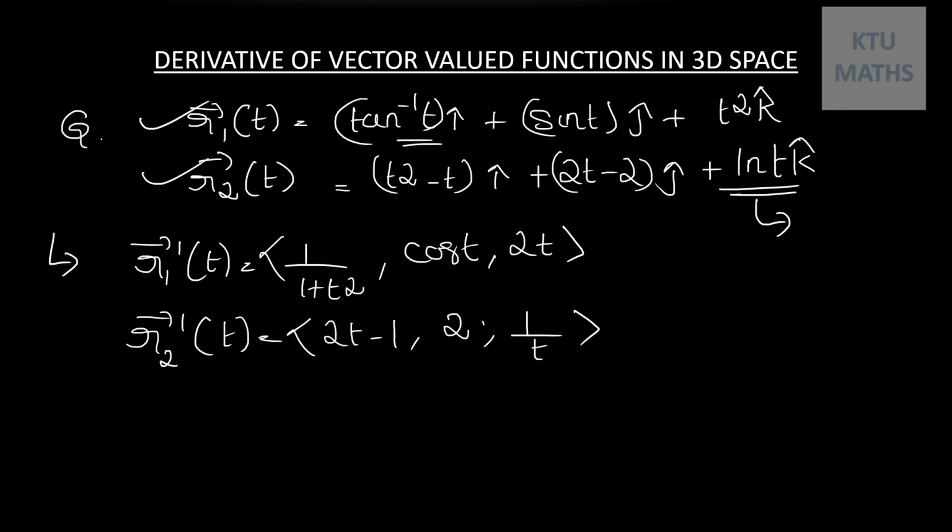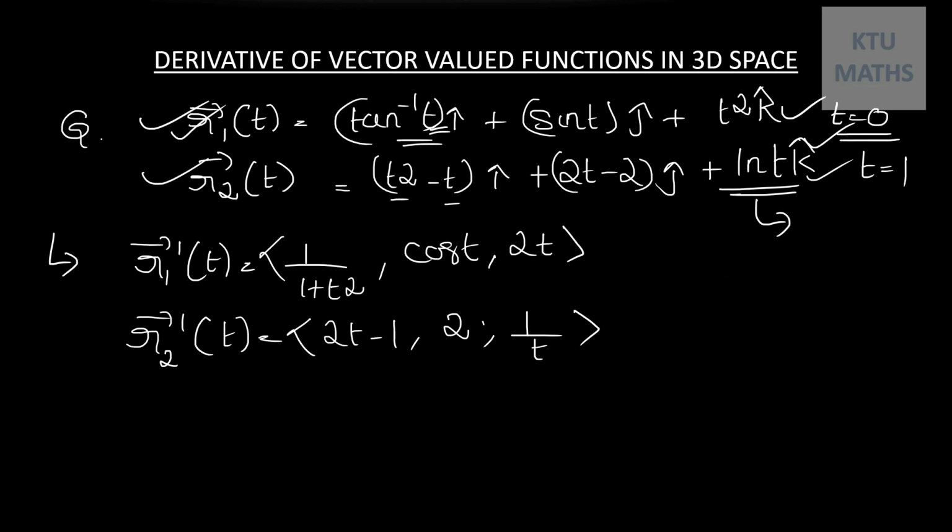We have to find the acute angle between the tangent lines of these two vector valued functions at the origin. Now at the origin, what would be the value of t here? The value of t would be t equal to 0 for the first vector valued function. For the second function, t would be 1, because 1 minus 1 would be 0.